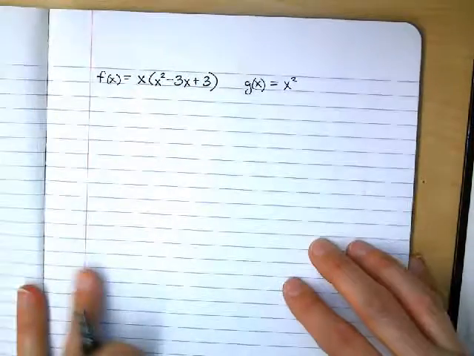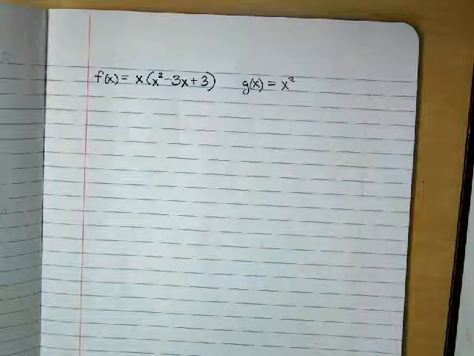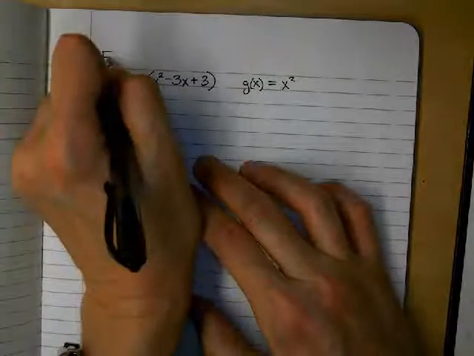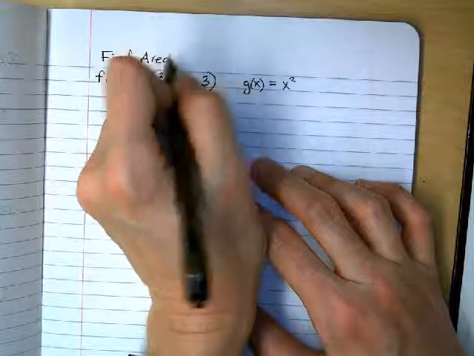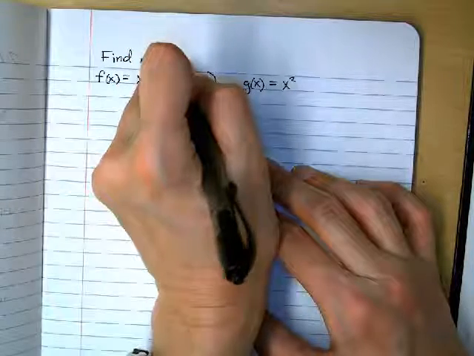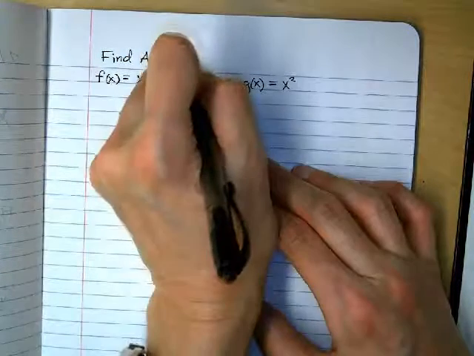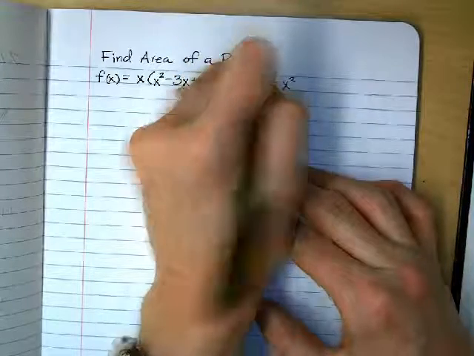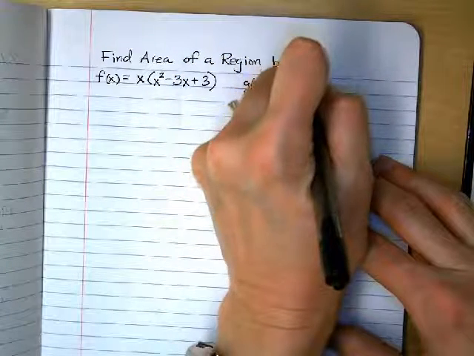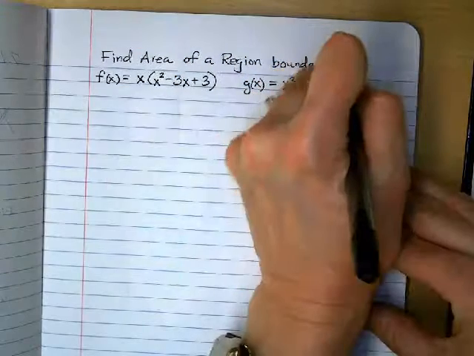Okay, so it's just going to say find the area of a region bounded by the functions.